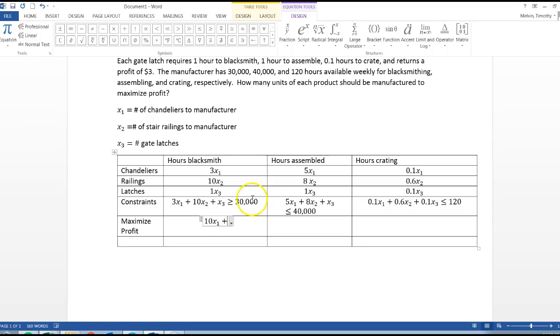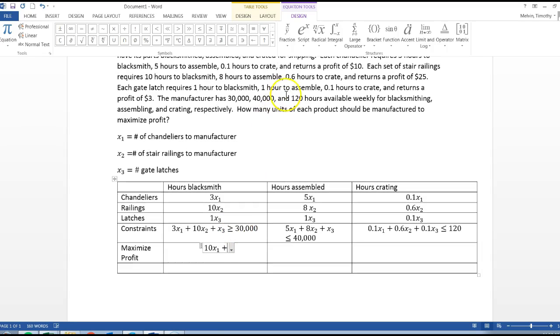The profit is $25 for each railing, and then lastly, it's $3 for each latch.